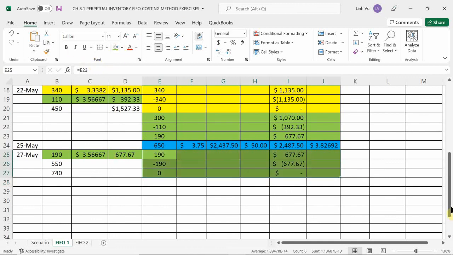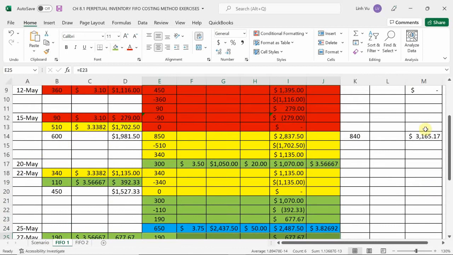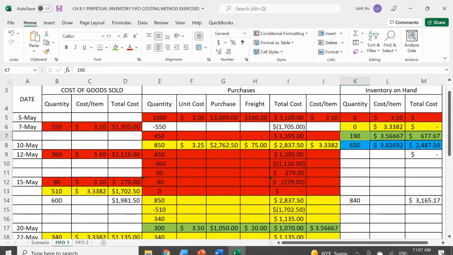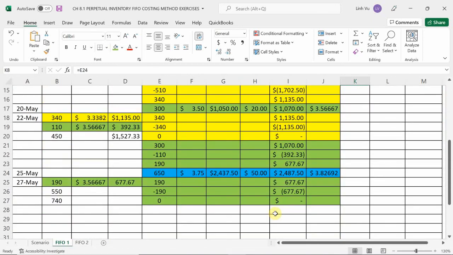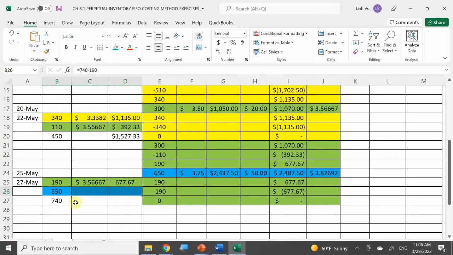Now that I got rid of my green batch, all I have left is my blue batch at 650. And I need to sell 550 from my blue batch. That means I'm going to have 100 units left, which is true because that's exactly what the scenario says.